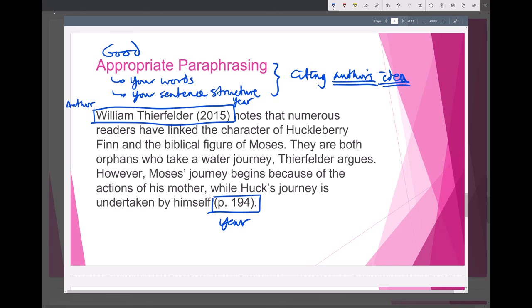But none of this is in the author's words either. It is in your words. So just to clarify, you can use your words with no quotation marks. That's okay. That's fine. As long as you cite.